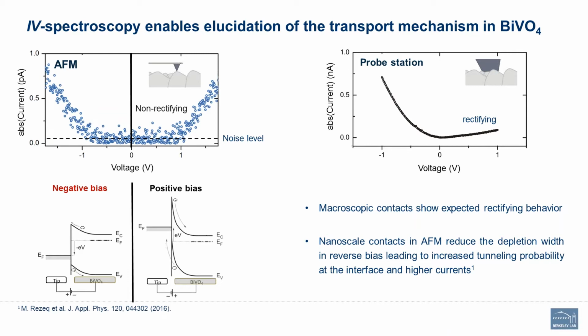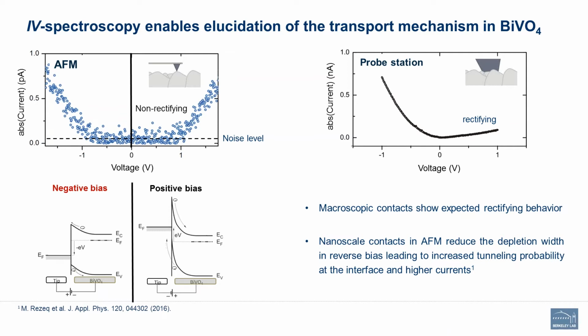However, we performed similar measurements with the probe station, and for this we clearly see the expected rectifying behavior. So we can assign the observed deviation from the classic rectifying behavior to the formation of a nanoscale Schottky contact.